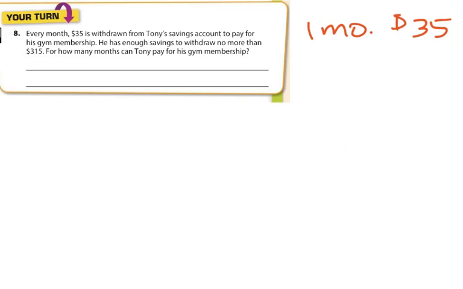Part of our module for this is to write an equation first. You will have to do that for your test, and it's really important to think that way.